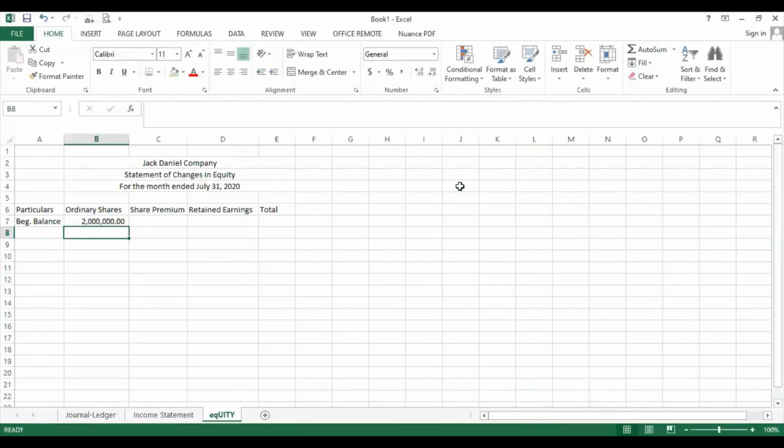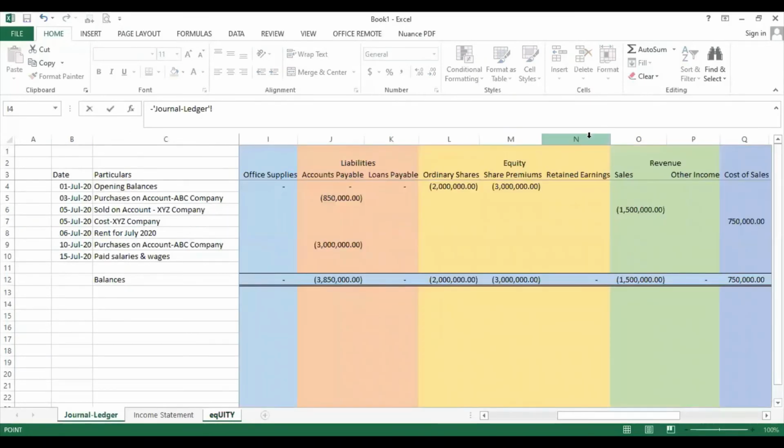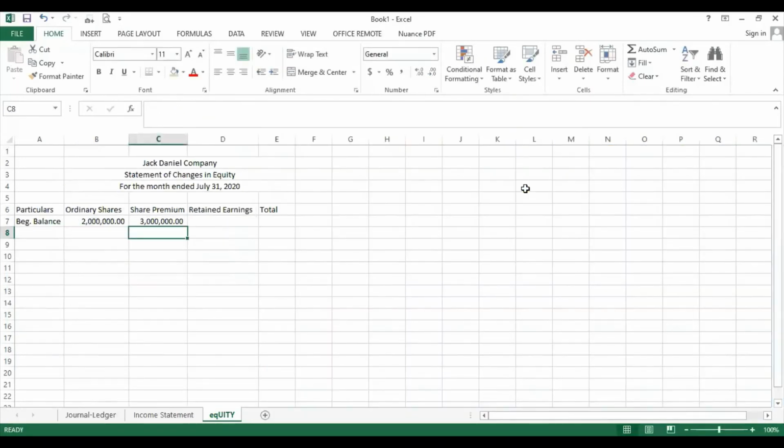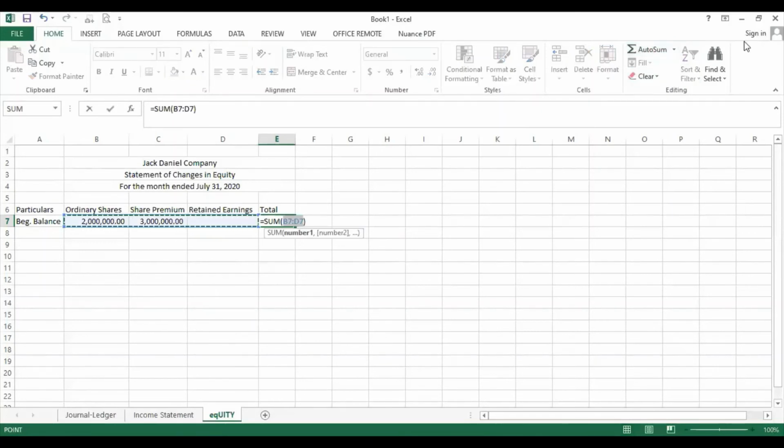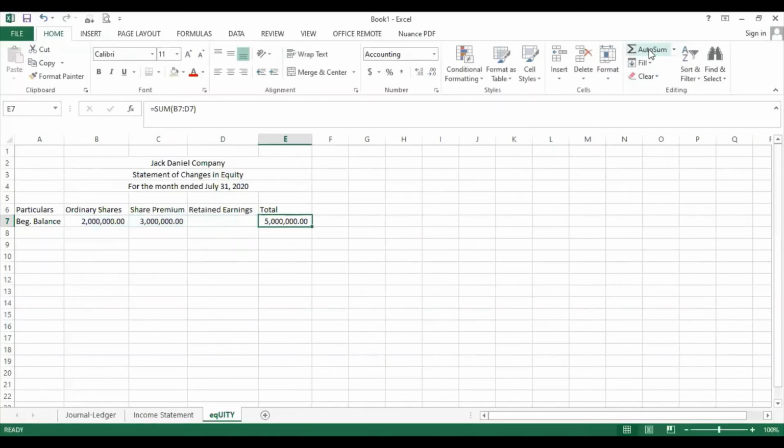So we now have positive ordinary shares of 2 million. Share premium again, negative. Click share premium, 2 million. Of course, since we just started operation, we don't have retained earnings yet. So you just click here, go here and click auto sum. So you have 5 million.